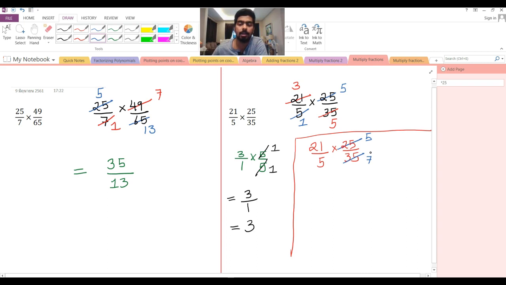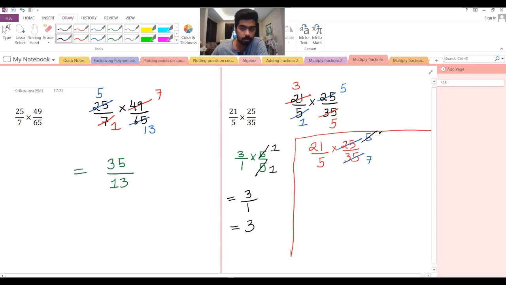Now what do we have here right now? We got this equation. So we have our new fraction, 21 over 5 multiplied by 5 over 7. Now if you take a look at this, you can also rewrite the question again if you want, or you can straight away go and simplify it here. So let us simplify it here right now. We know that 5 can be simplified by 5.